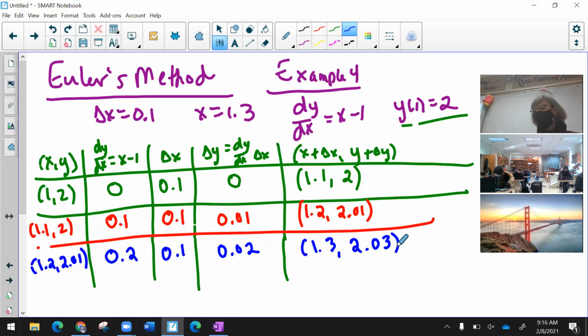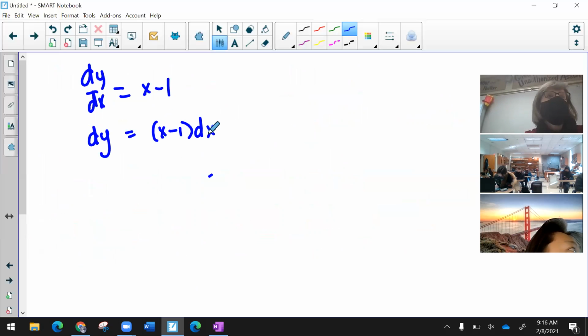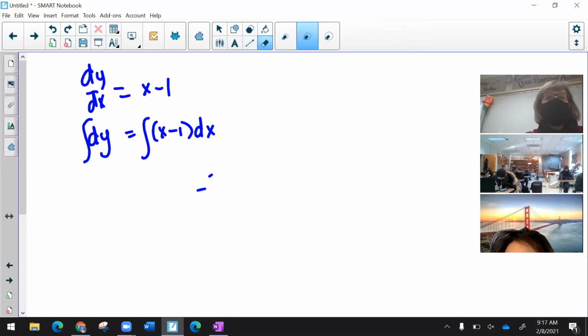So I think we should try an experiment. I've actually never done this, but it occurs to me to try. Let's see if we can solve this exactly and see how far off we are. Okay. So if I have dy/dx is equal to x minus 1, the first thing I want to do is solve for y. So dy is going to be (x minus 1) dx. I'm going to take the integral of both sides.